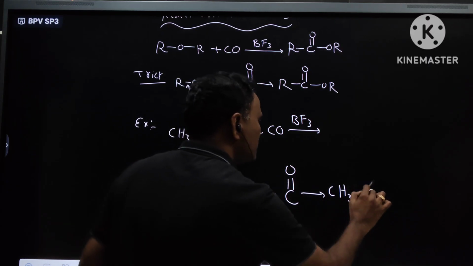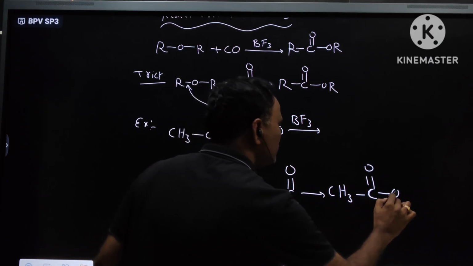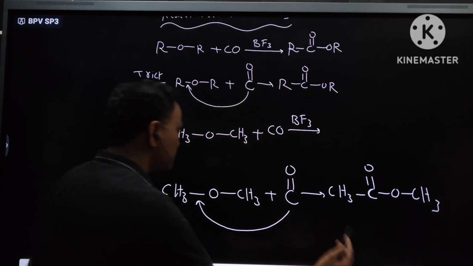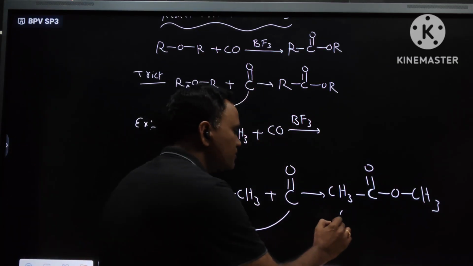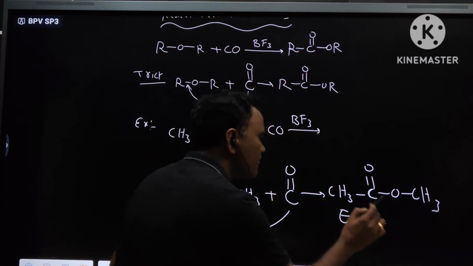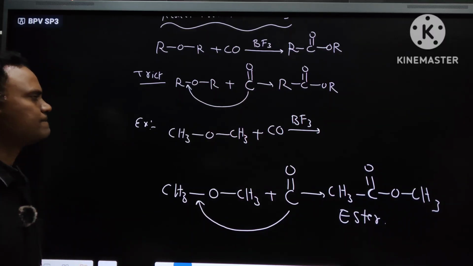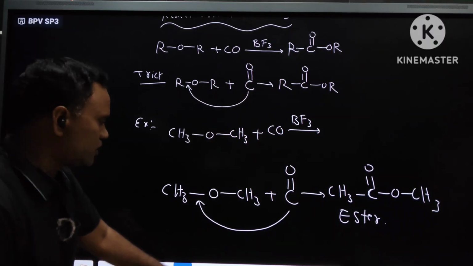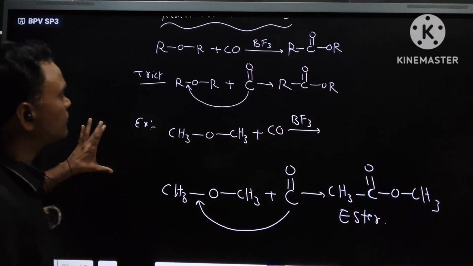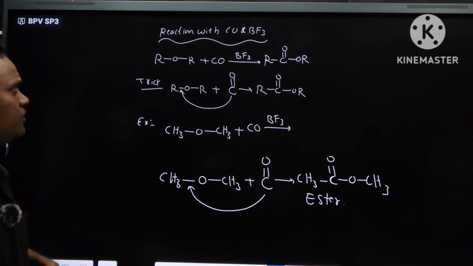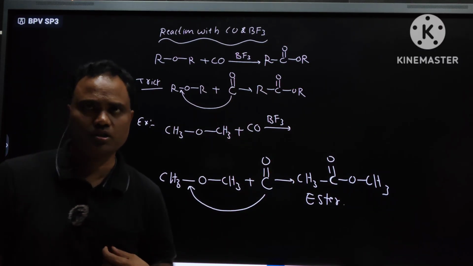CH3, C double bond O, OCH3 as it is. Ester formation takes place. Ester is formed. Clear? This is about the reaction of ethers with carbonyl group and BF3. Got it?